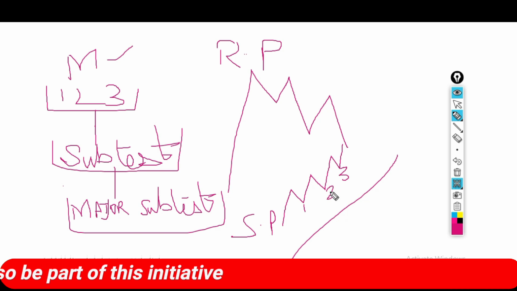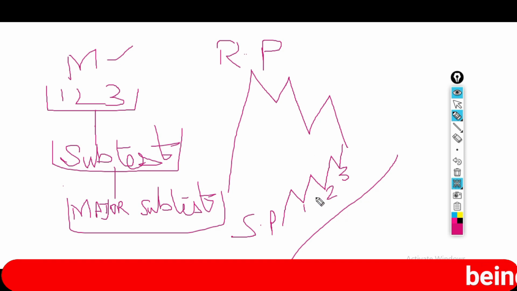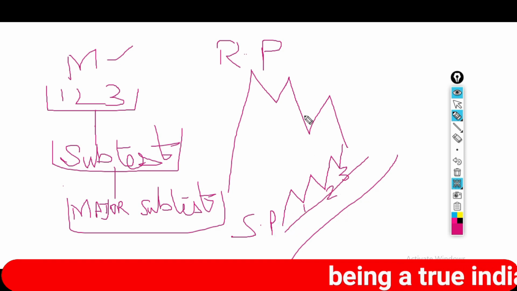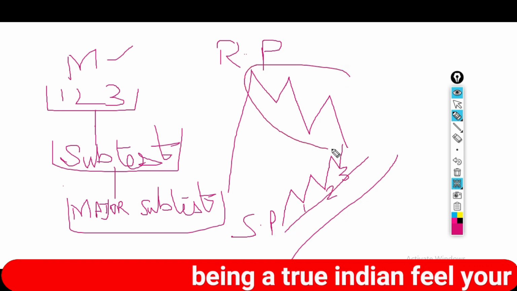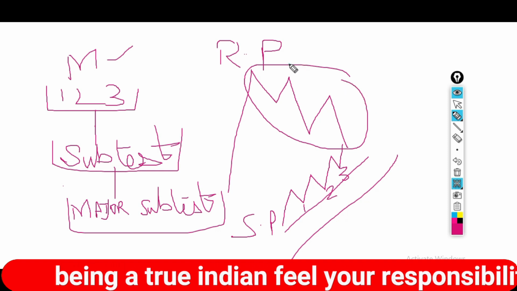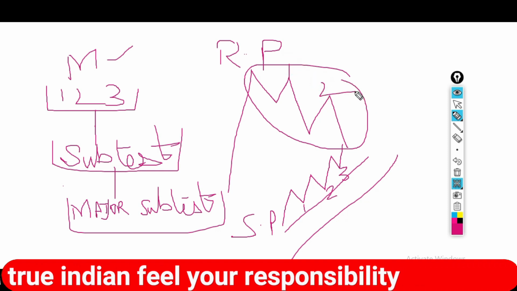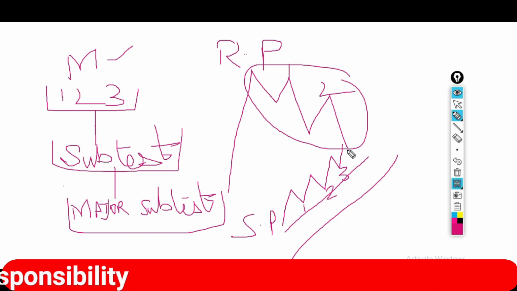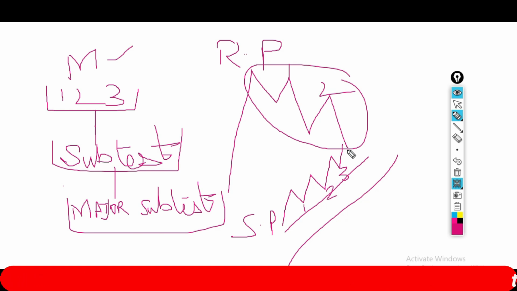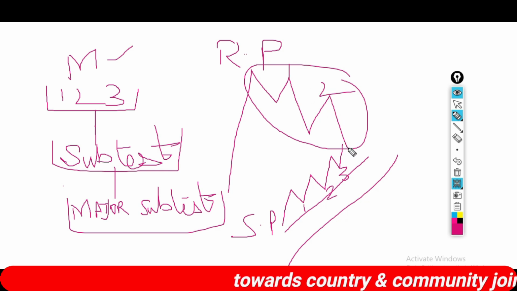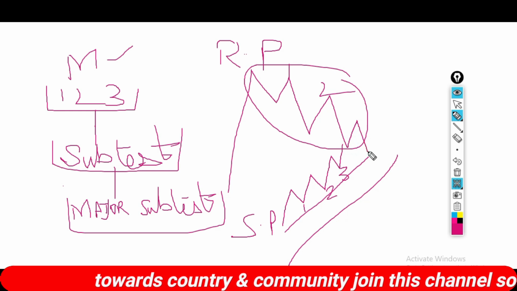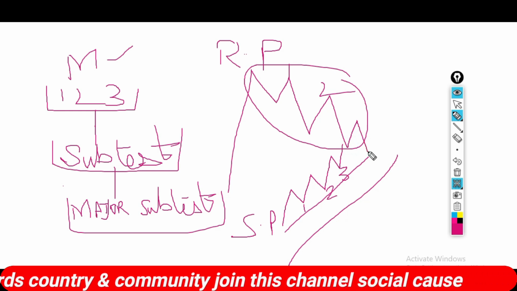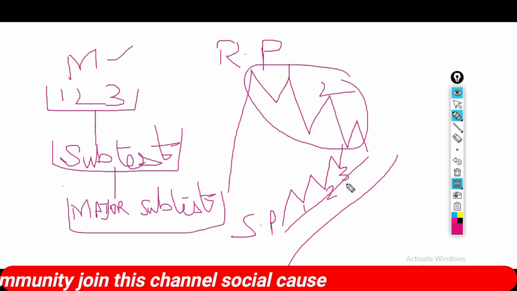Okay, and if you see the counter trend, this long term trend is followed by this counter trend. In counter trend you will get 1 2 testing. In some cases, 80 to 90% cases, you will get 1 2 testing, but in some cases you can also get a third testing. Okay, that you have to keep in mind.